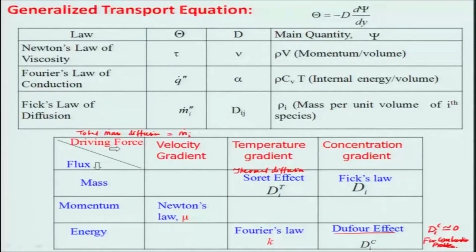Or maybe I will write it down next. If you look at the total mass diffusion of the i-th species, equal to, let us say, m dot i. What would it be then?